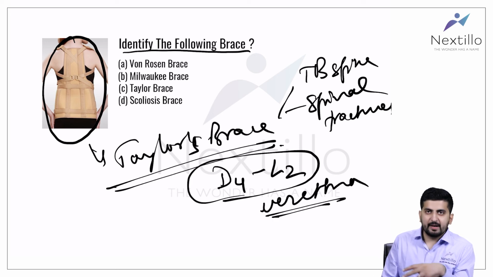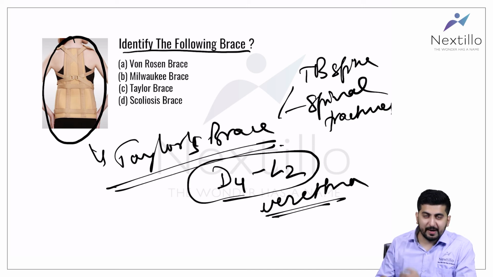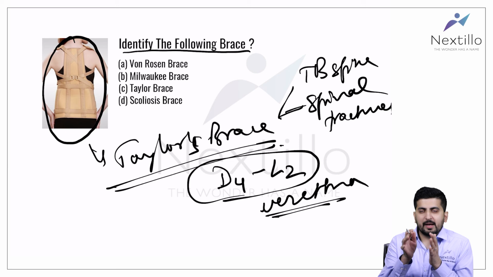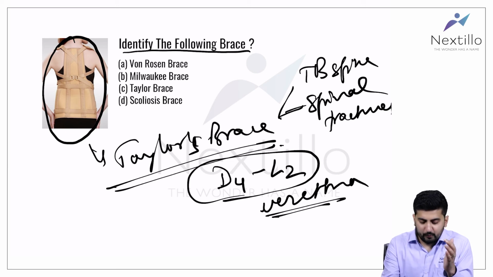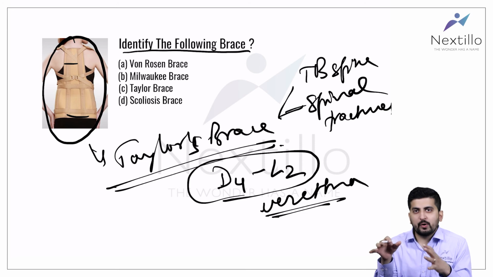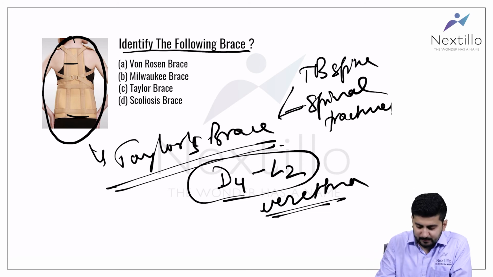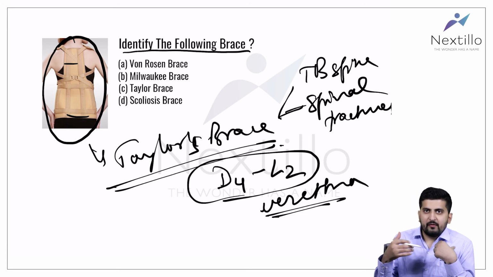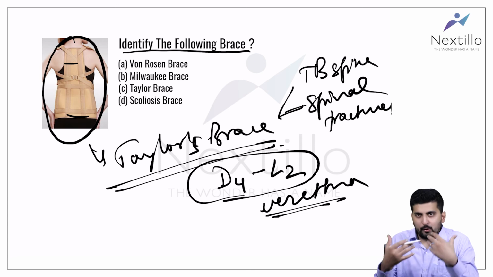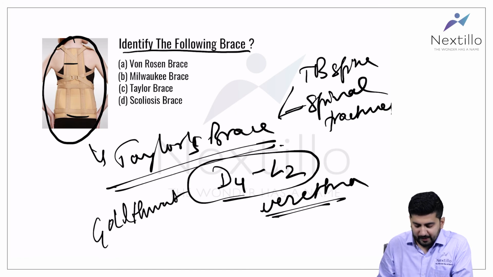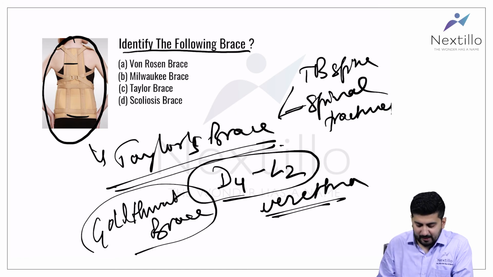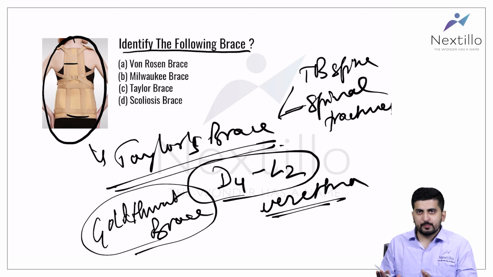So basically the Taylor's brace is used to support the spine in various pathologies, and it is used best for pathologies from D4 to L2 vertebral levels. If we have to support lower lumbar vertebrae, then something known as a Goldthwait brace is a better option than a Taylor's brace.